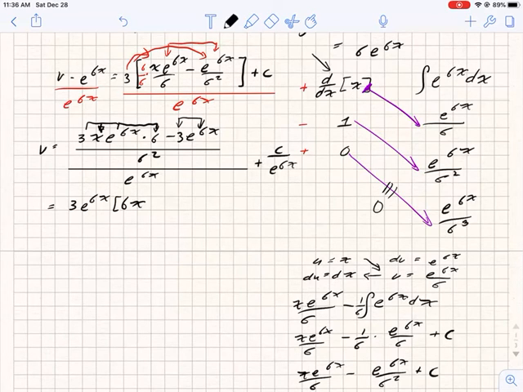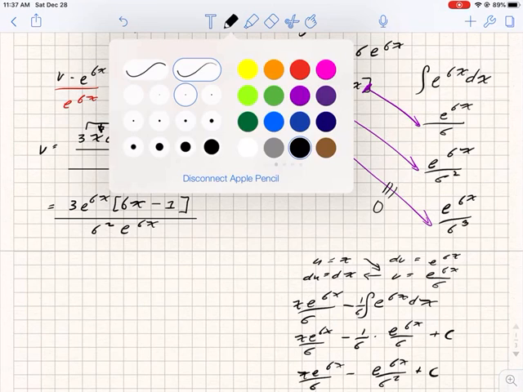We're factoring out the 3e to the 6x, so this is just simply minus 1. And then we're left with 6 squared e to the 6x.